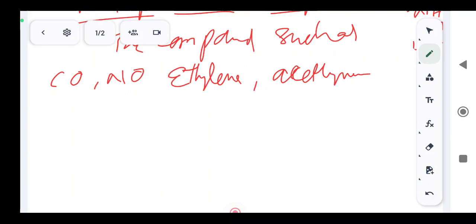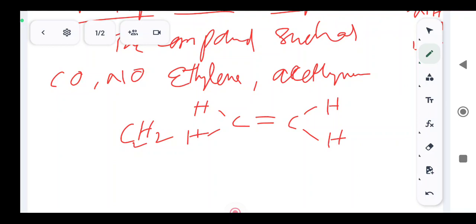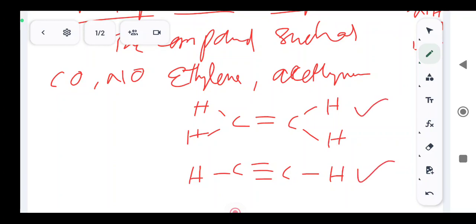Ethylene means C2H4, C double bond C. Acetylene means C triple bond C, with H and H, C2H2. So CO and NO also. These are all Lewis bases.